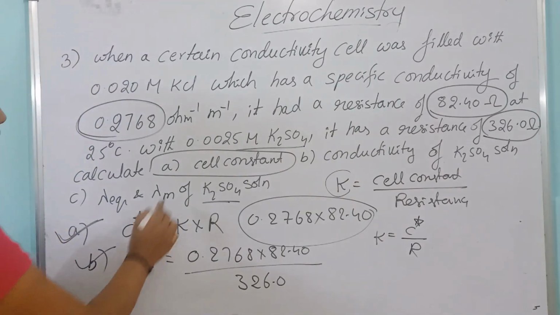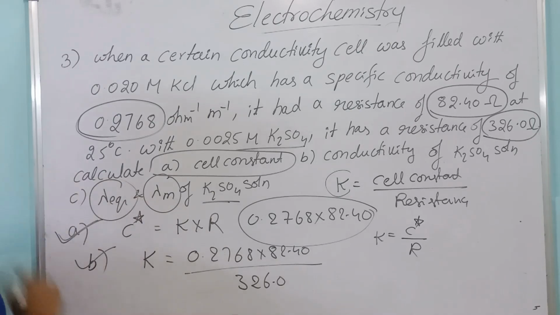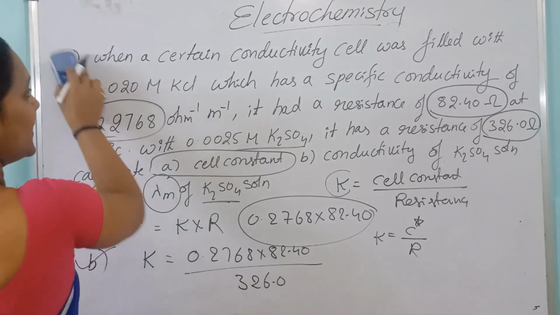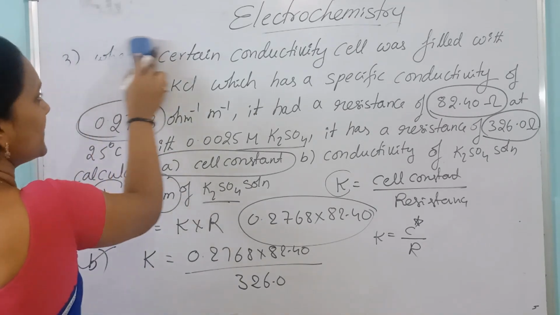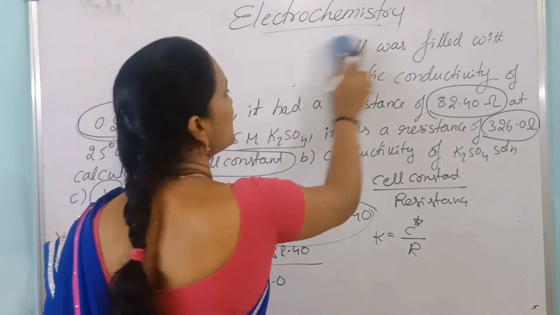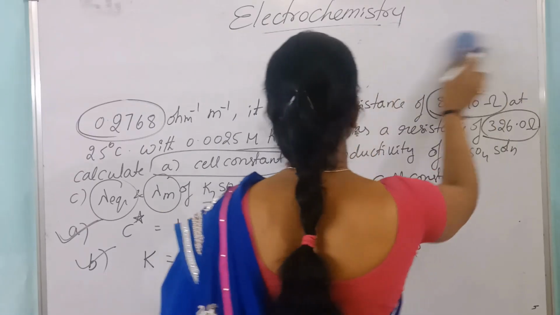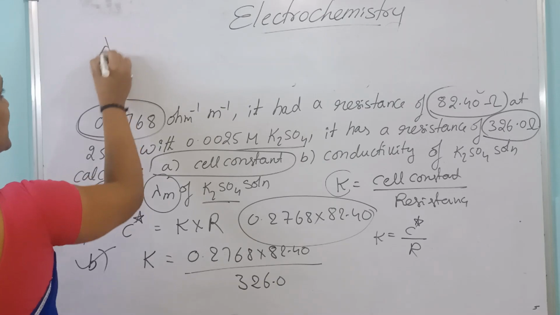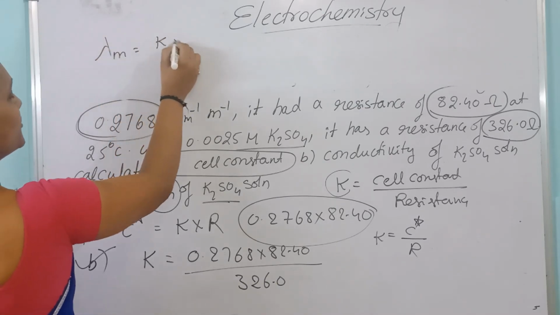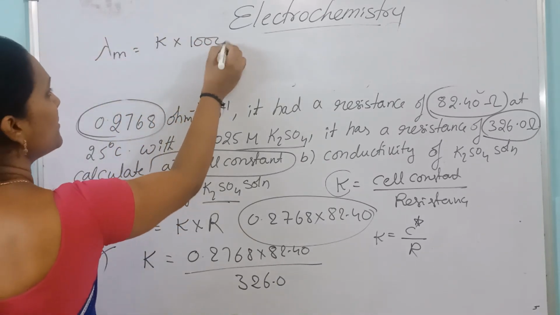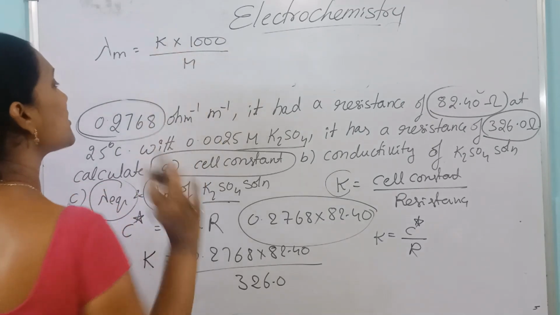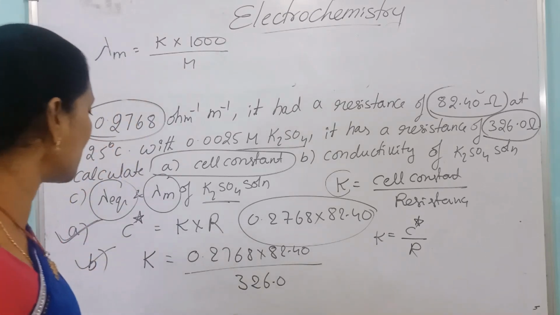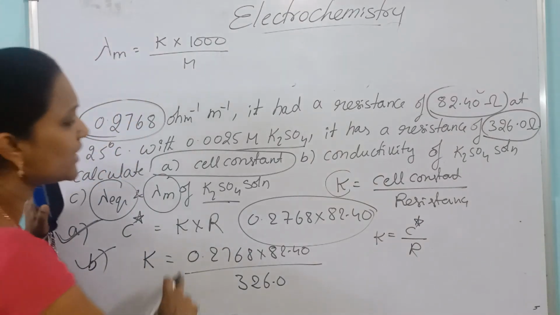Now, what are they asking? Molar conductance and equivalent conductance. What is the formula for molar conductance? Anyhow, this concentration is not required. They are asking just K2SO4. So molar conductance formula is K into 1000 by molarity. If K is in ohm inverse centimeter inverse, here what we are getting?